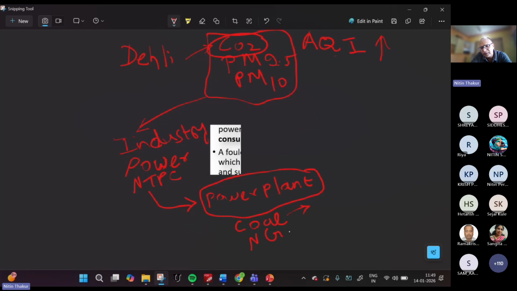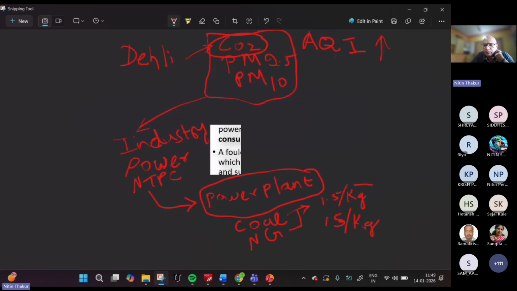Natural gas is considered a more expensive fuel than coal. Just to give you context, at a very high level, the cost of coal will be, let's say, 1.5 rupees per kg. I'm just making up these numbers, they won't be real. The cost of natural gas will be like 15 rupees per kg.